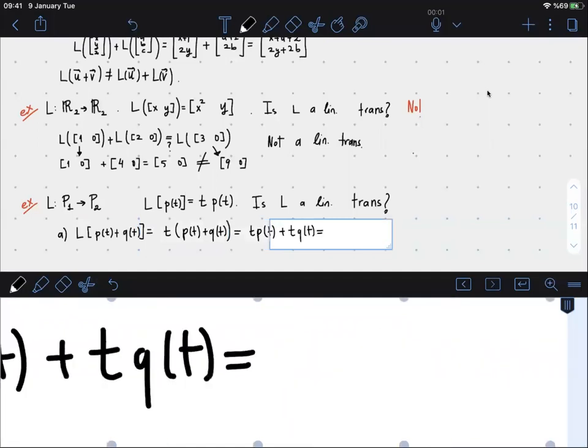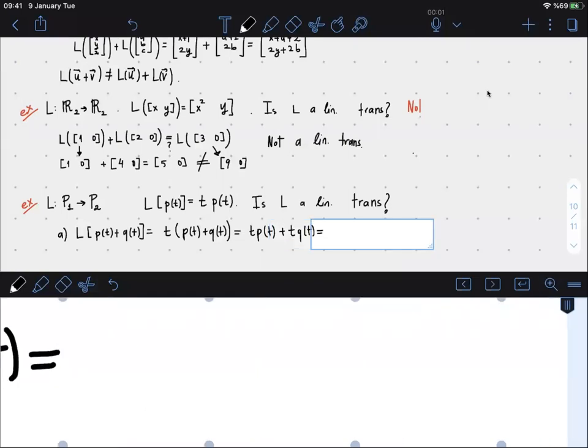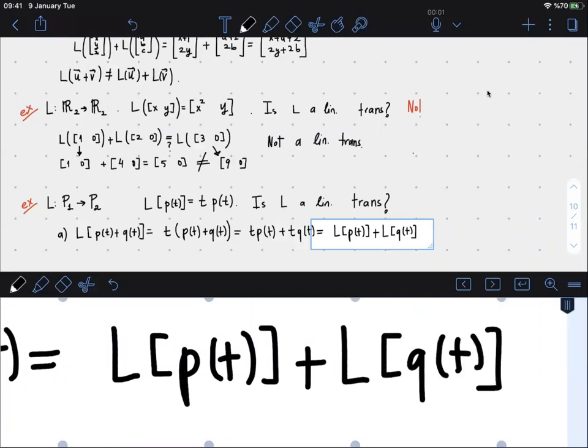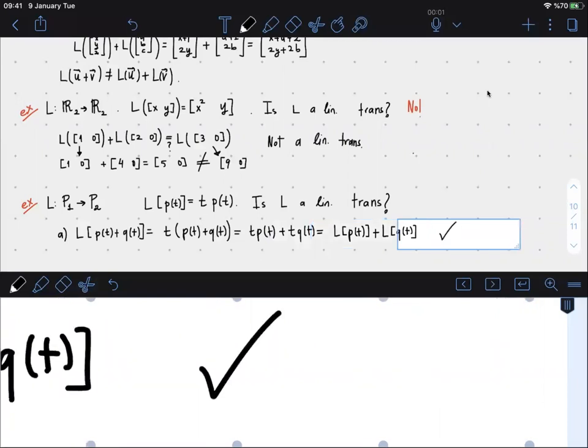And t times p(t) is L of p(t). T times q(t) is L of q(t). That's the definition. So the first condition is verified. It holds.